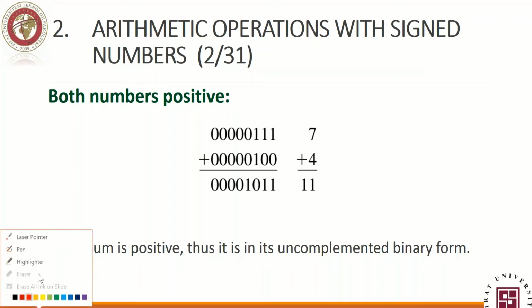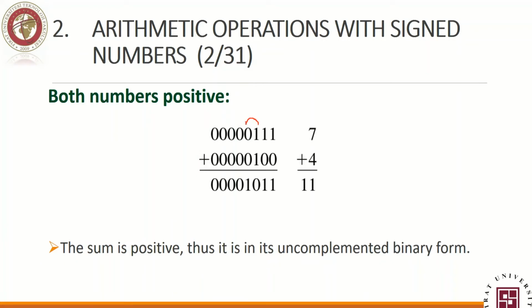Let me take the pen so that I highlight things. So here we have 1 carried, and it will keep its value. 1 plus 0 is 1, plus 0 is 1. Then all these zeros, if you sum them up, they will give you zeros.